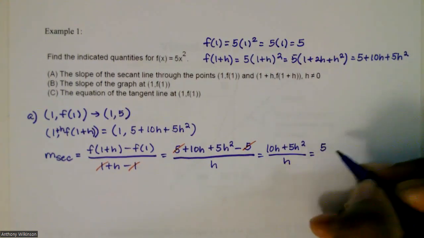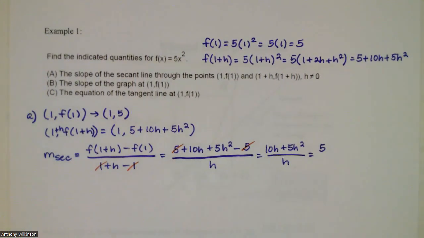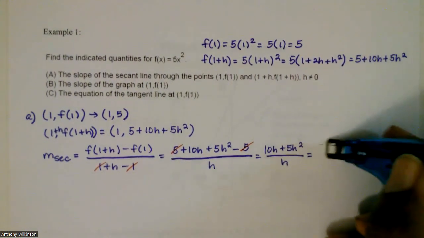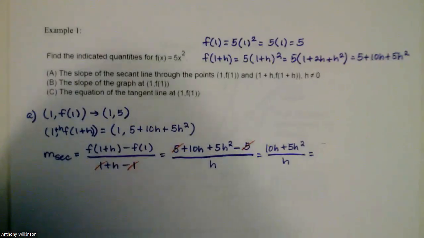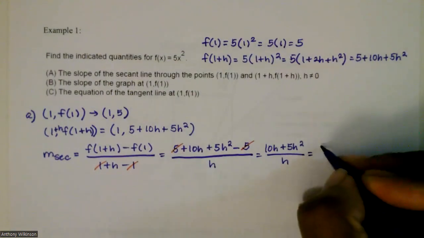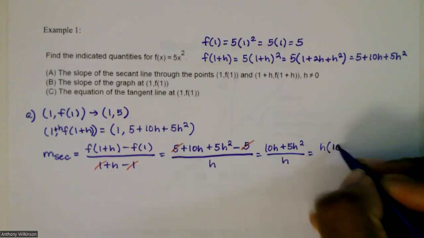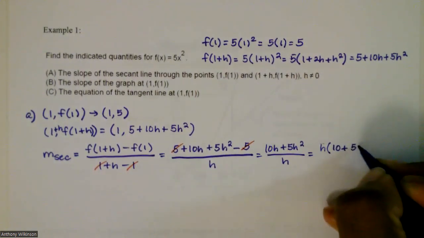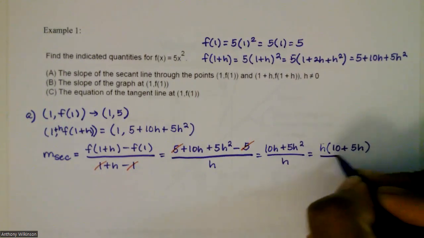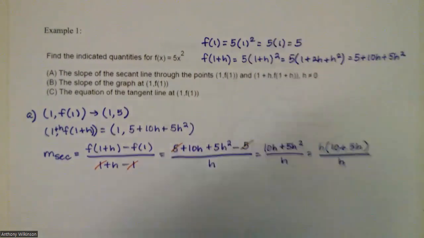So, let's just factor out the h. So that means 10h divided by h will be 10, plus 5h squared divided by h would just be 5h. All that's divided by h.